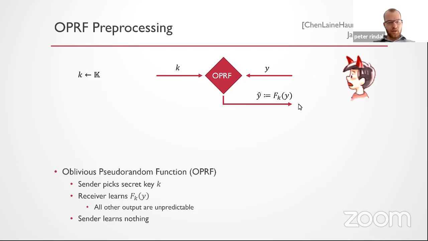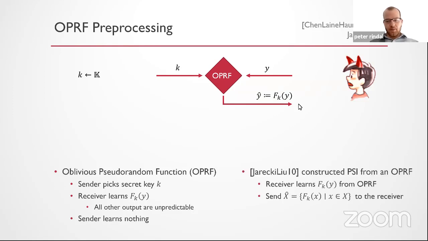The sender on the left samples a key K, and the receiver inputs their item Y, and the key is input too. And then the receiver gets output F with the key K evaluated on their item Y. And then using this OPRF, you can repeat this many times if you desire, with many Ys.